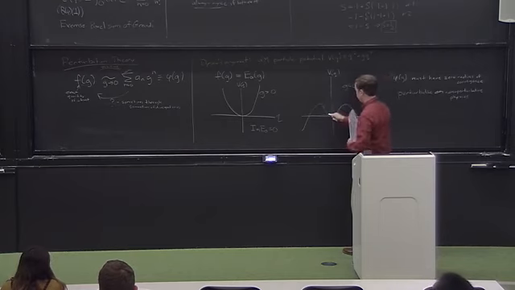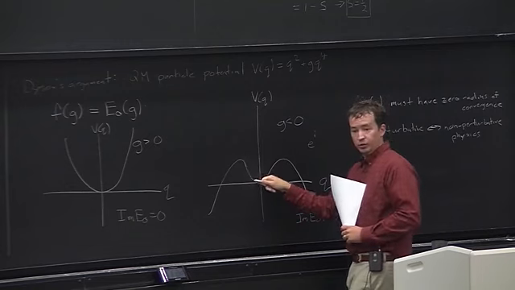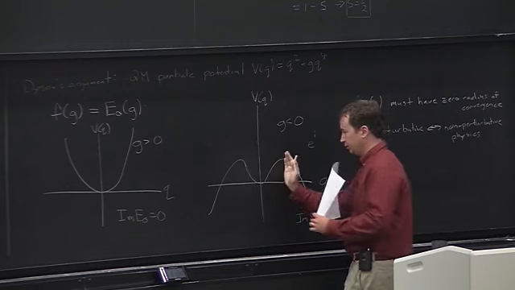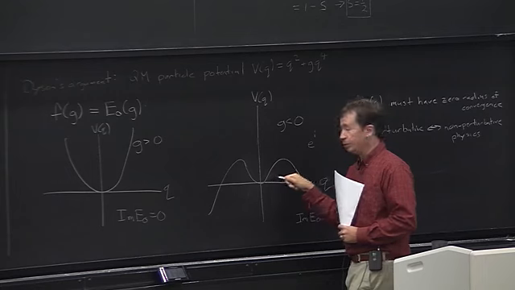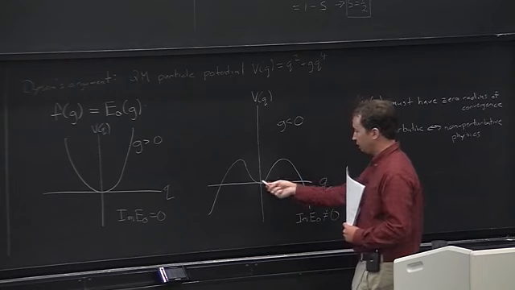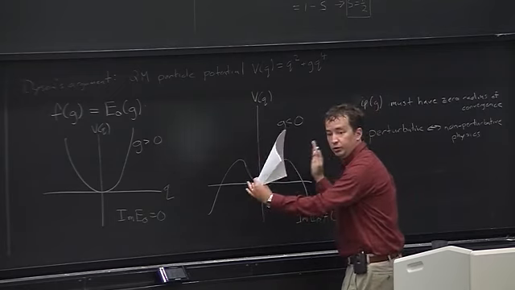So if we just looked at perturbation theory, we wouldn't know about this part of the potential. We could calculate some approximate ground state energy just by doing perturbation theory around this metastable minimum.